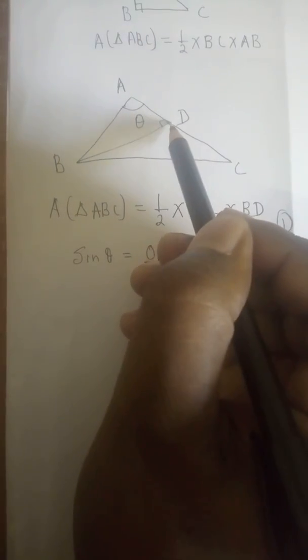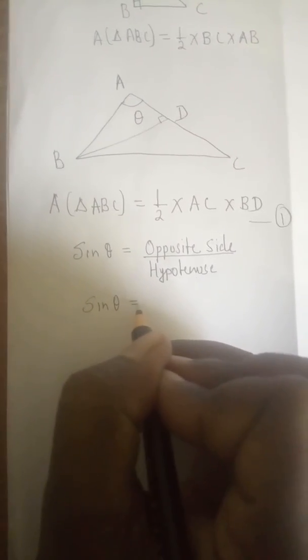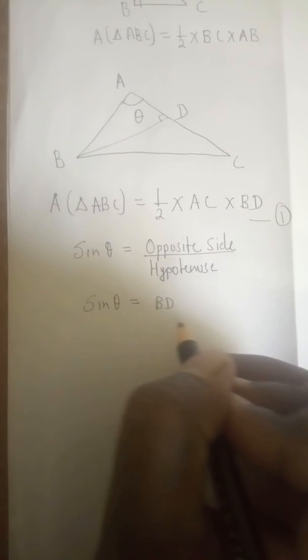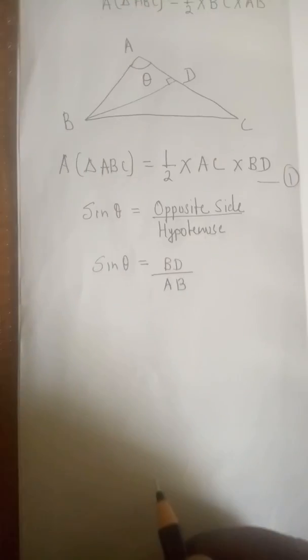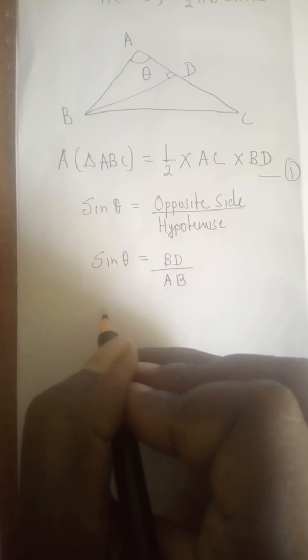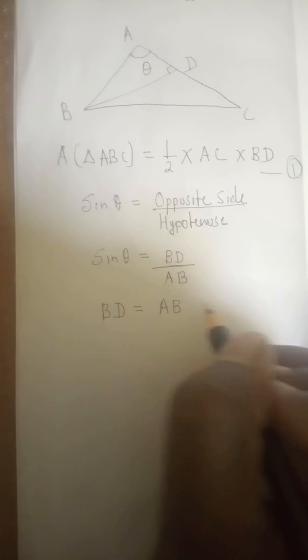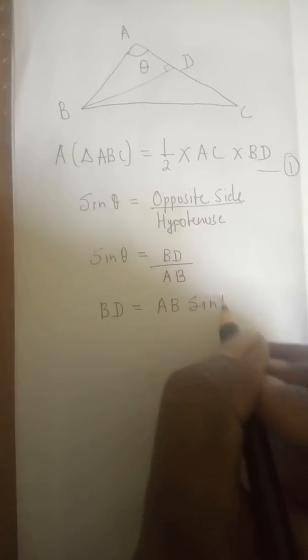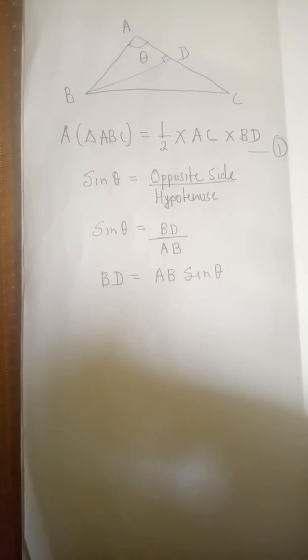That is BD. And which is the hypotenuse? That is AB. That means sine theta can be written as BD upon AB. So if we cross multiply AB with sine theta, you will get the value of BD. That means BD equals AB sine theta, where theta can be any standard angle, ranging between 0 to 90, right?